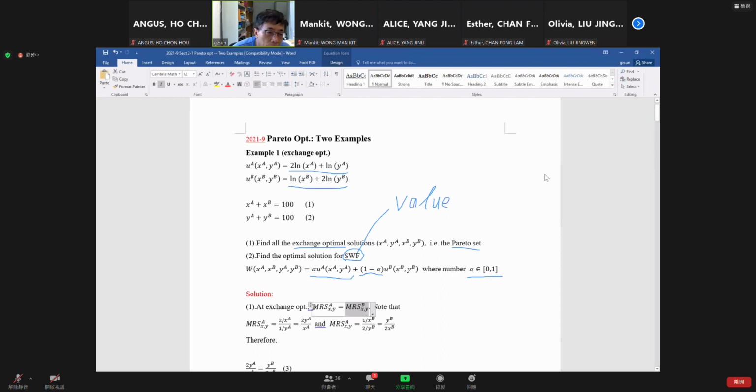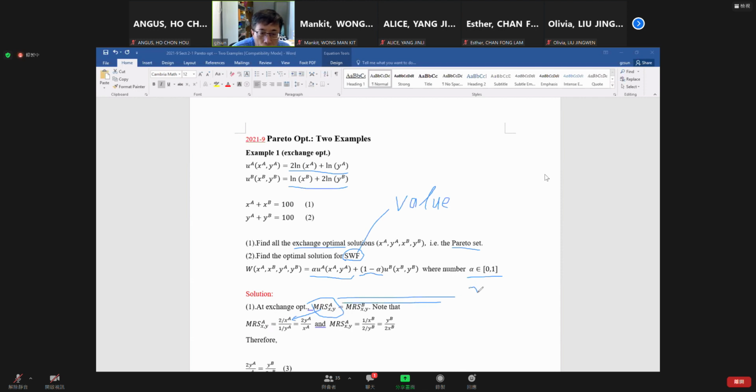And this one is marginal rate of substitution, which equals marginal utility of X over marginal utility of Y. So let me explain this one, just to make sure everybody fully understands. What's this?